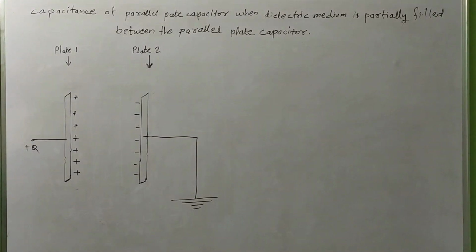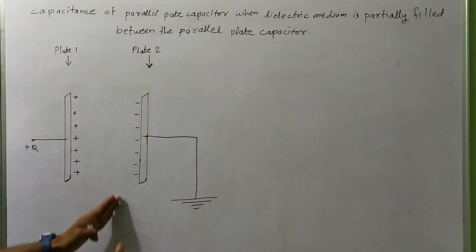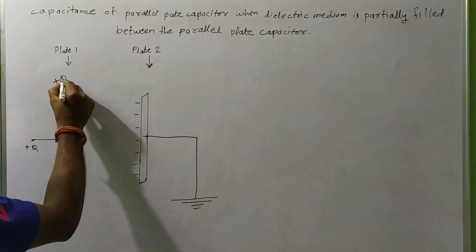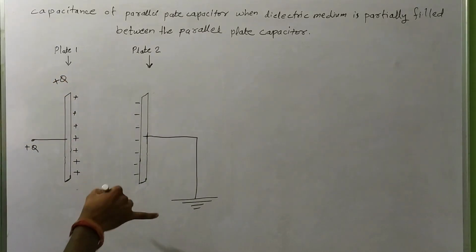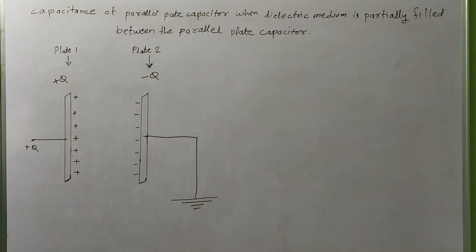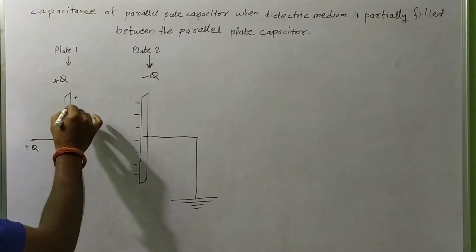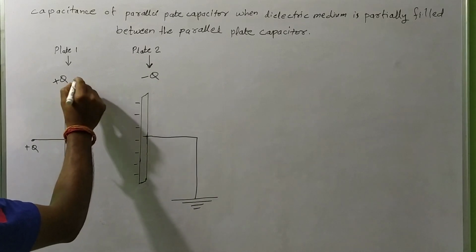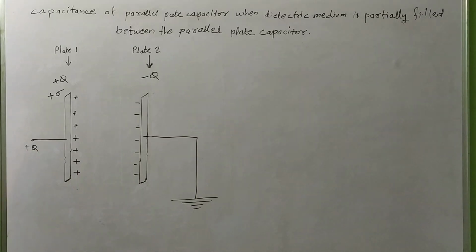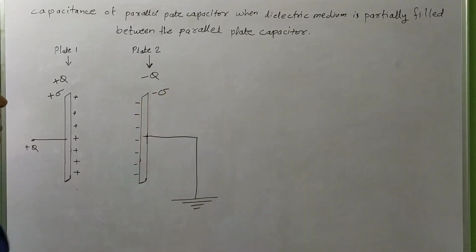So this is the parallel plate capacitor now. This is the positive plate and this is the negative plate. On the first plate, let plus q charge be there, and on the second plate, the negative plate, minus q charge. Then the surface charge density of the first plate will be plus sigma, and on the second plate minus sigma.